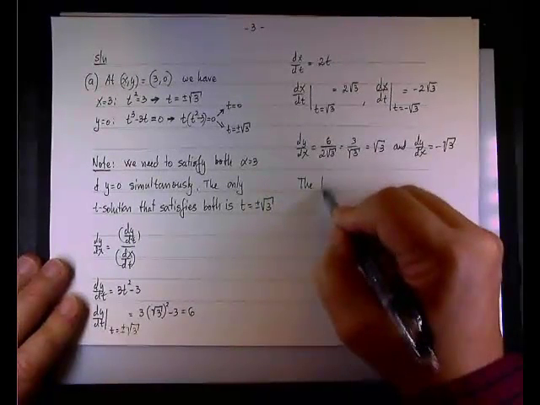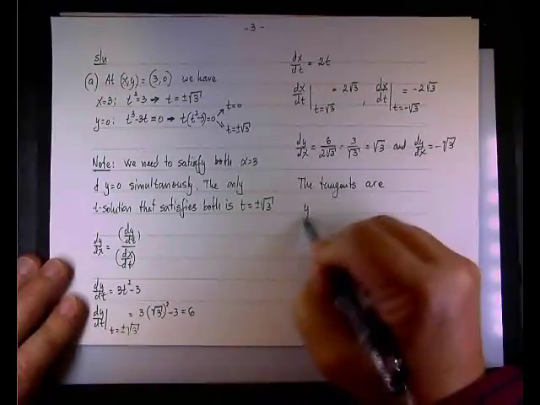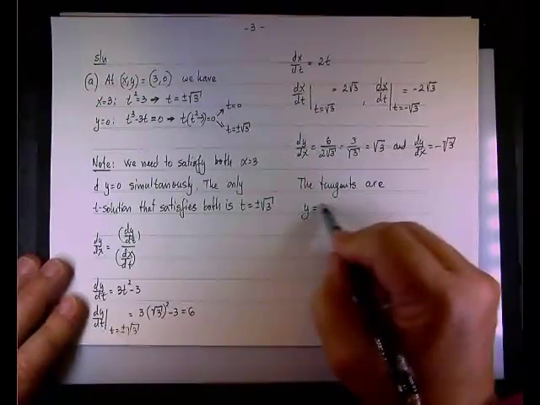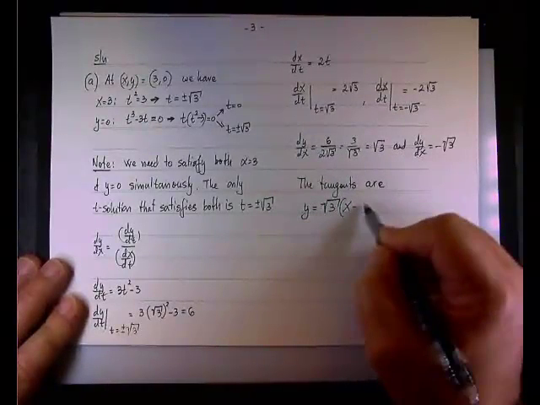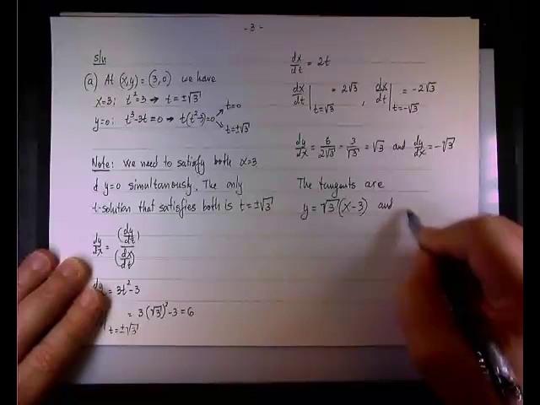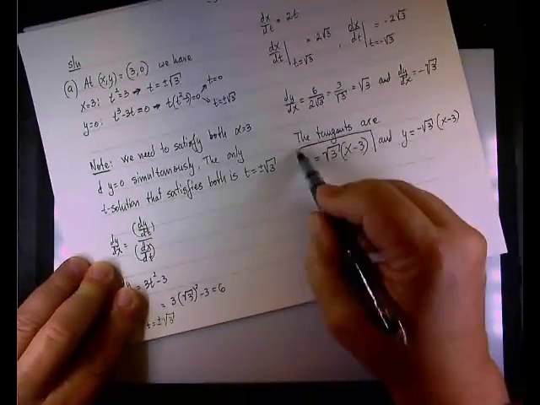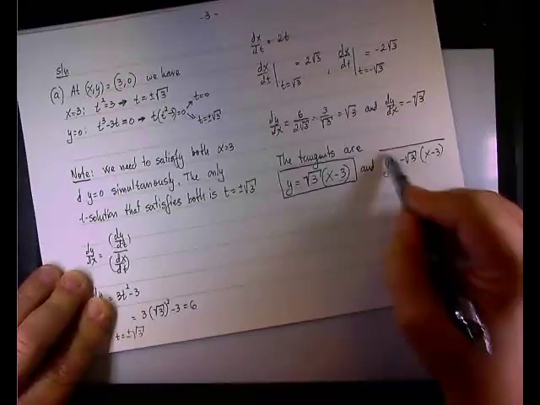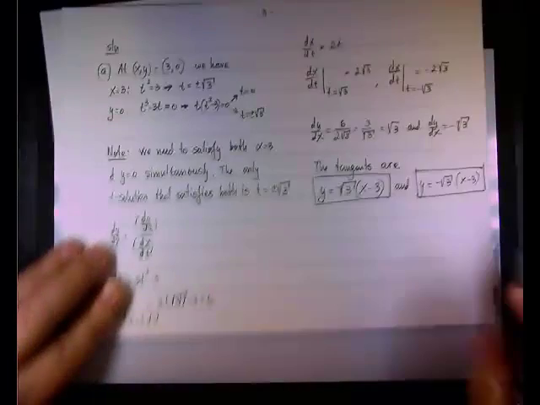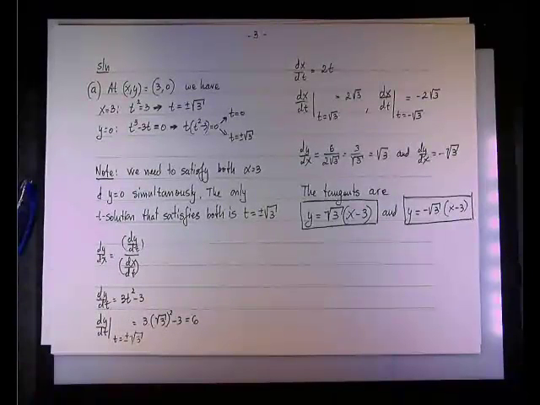So what are the equations of the tangents? For positive square root of 3, it will be y equals square root of 3 times x minus 3 plus 0, and for negative, it will be y equals negative square root of 3 times x minus 3, like so. And this is the solution to part A.